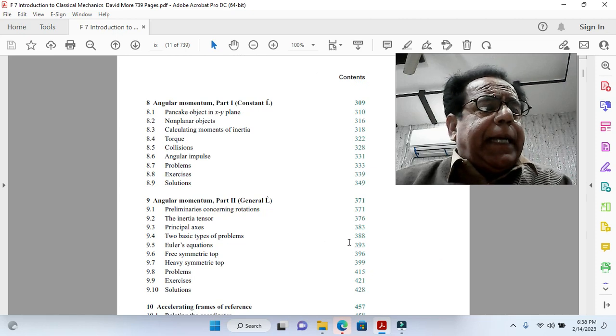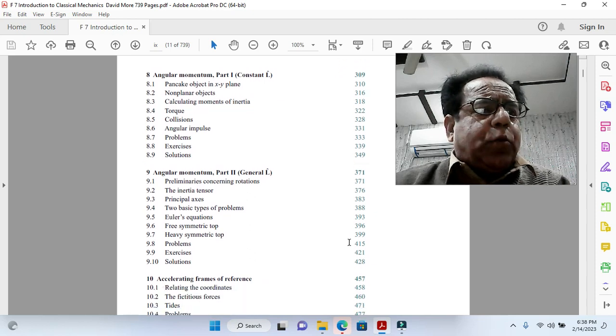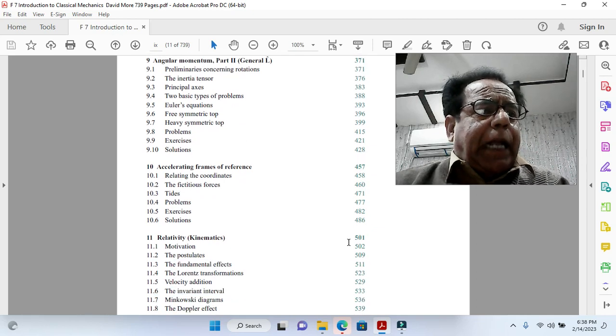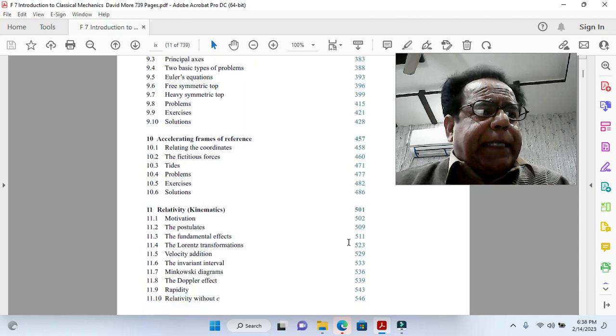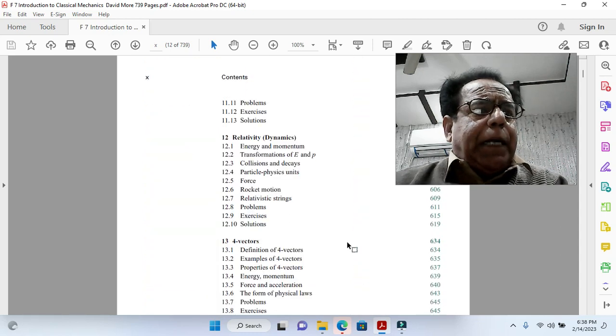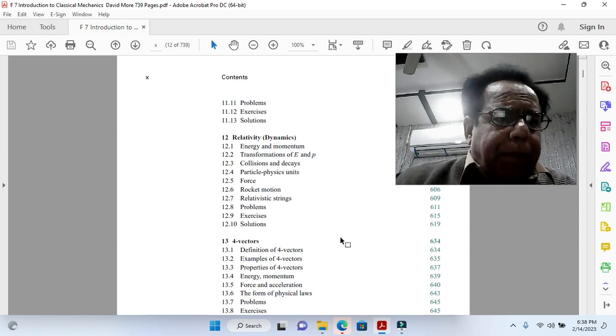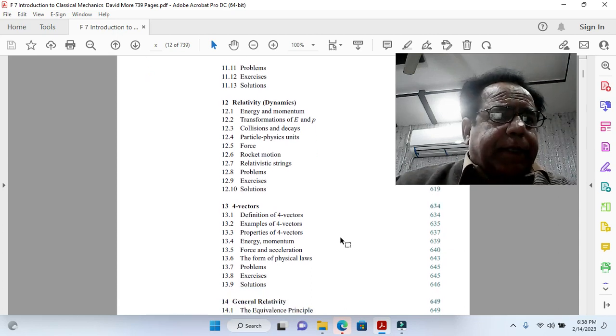Chapter number 8 is angular momentum part 1. Chapter number 9 is angular momentum part 2. Chapter number 10 is accelerating frames of reference. Chapter number 11 is relativity kinematics. Chapter number 12 is relativity dynamics. Chapter number 13 is 4 vectors.